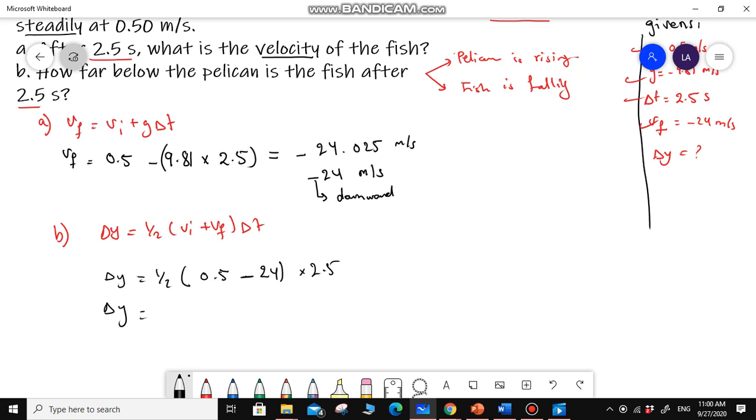Stop the video and try to find this answer. You will get the height as negative 29.4, almost, meters. This is how far the fish is falling. So this is the height the fish will fall.